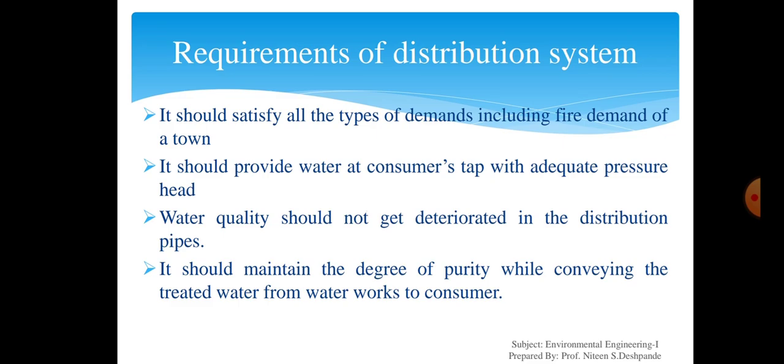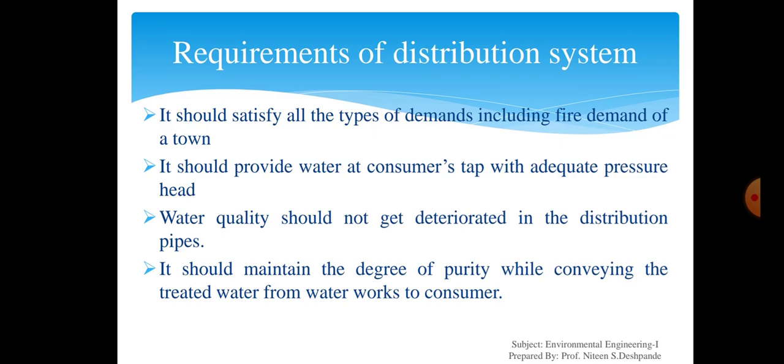Then it should provide water at the consumer's tap with adequate pressure head, and it should be capable of meeting the maximum hourly flow. The water quality should not get deteriorated in the distribution pipes, and lastly it should maintain the degree of purity while conveying the treated water from the waterworks to the consumer. So these are some requirements of the distribution system.